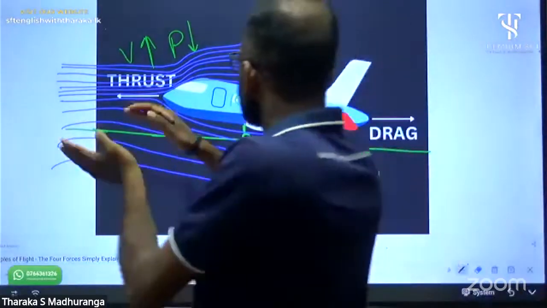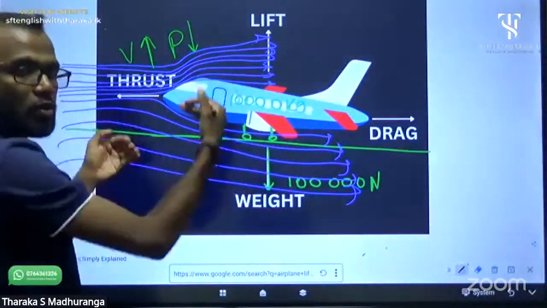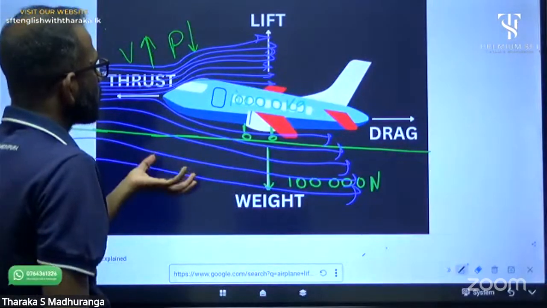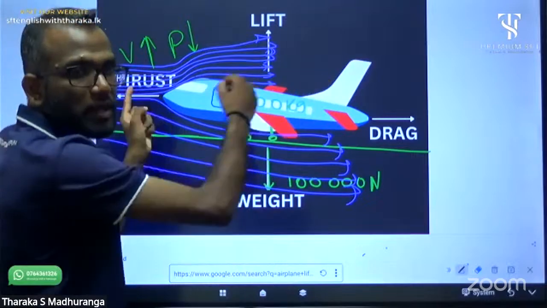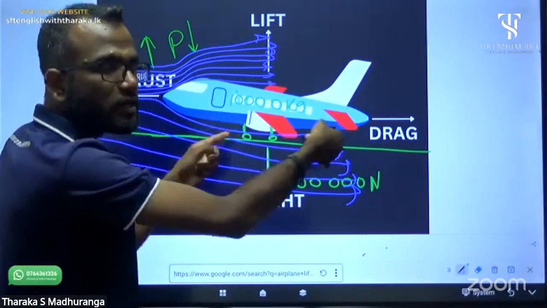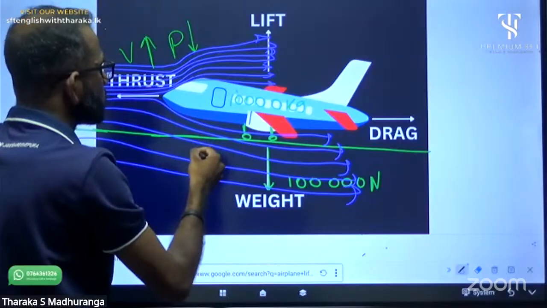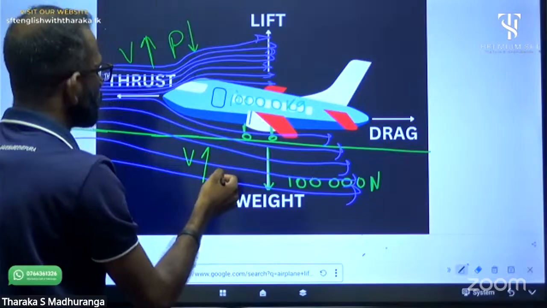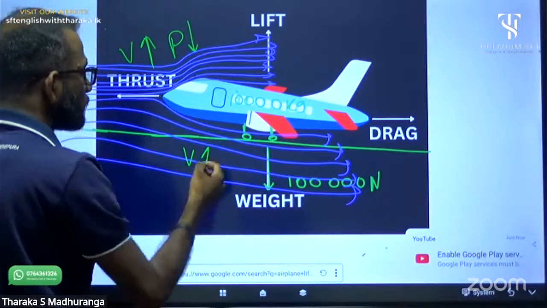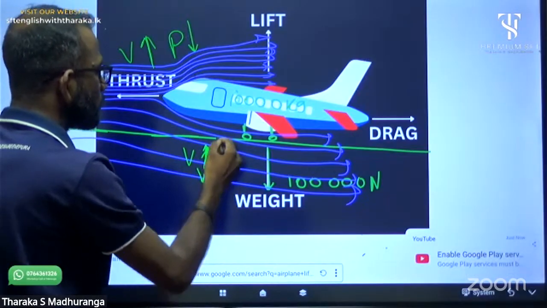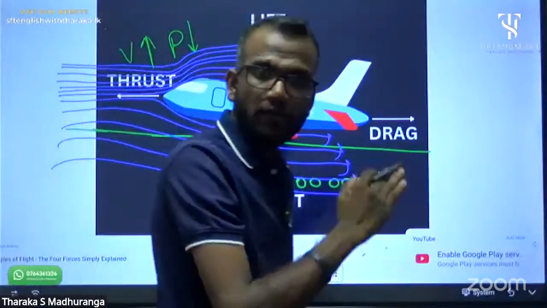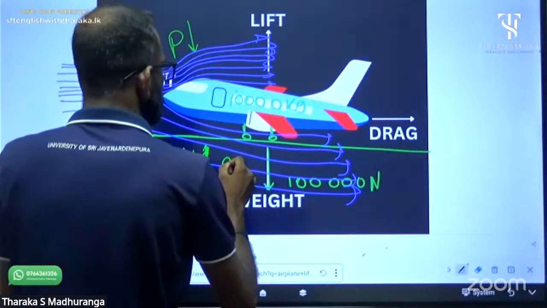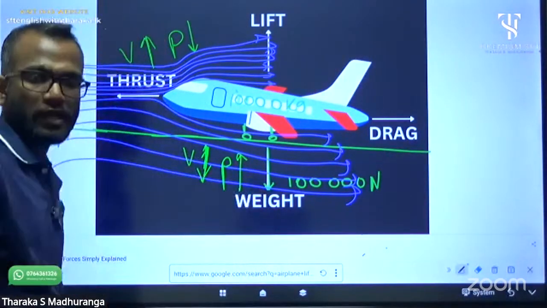But on the opposite lower side, there are no closer streamlines because there is no specific shape. It is just flat. Therefore, its velocity is comparatively low, and the pressure is greater.